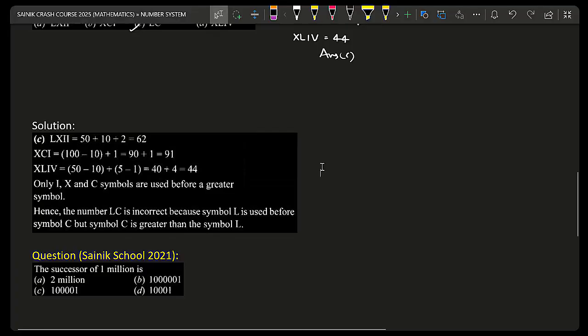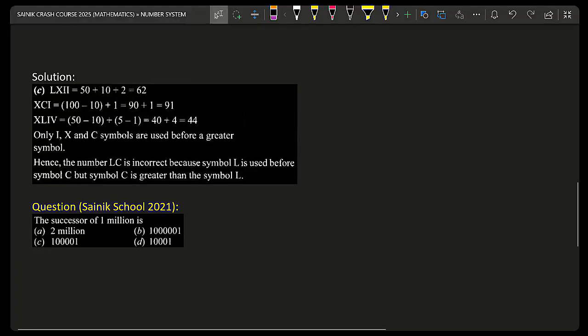Who wants to give the answer can raise a hand. Pranay, can you give the answer for this question? Sir, 1 million 1. Option B.